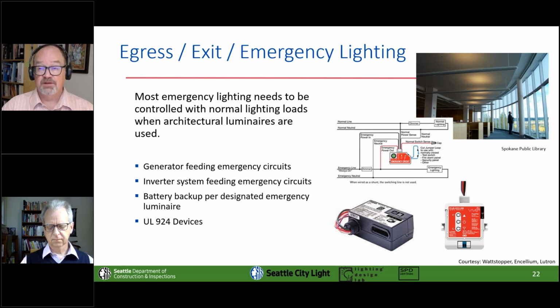A bunch of manufacturers' power packs that function within this network lighting control system ecosystem are native UL924 devices. So that heavily simplifies both the design and the implementation of this requirement. So I just wanted to give you guys that heads up.